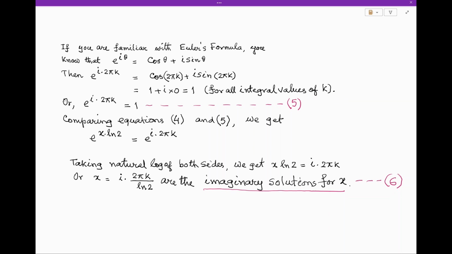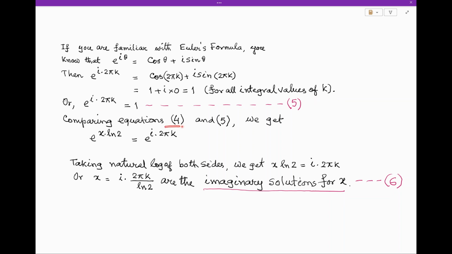Similarly, sin 2 pi, sin 4 pi, sin 6 pi, etc. are 0. Therefore, e to the power of i multiplied by 2 pi k is equal to 1. Let us call it equation 5.